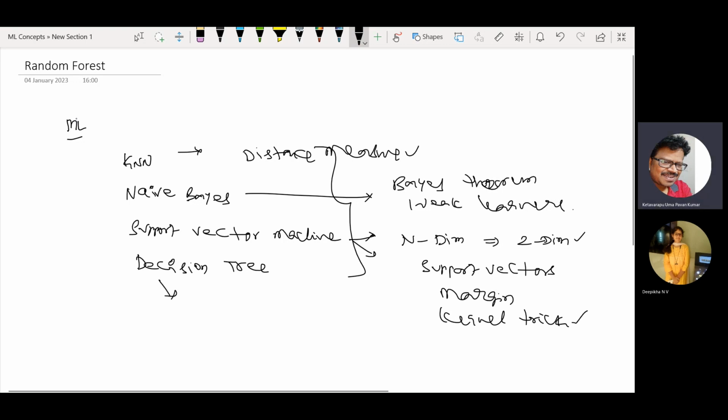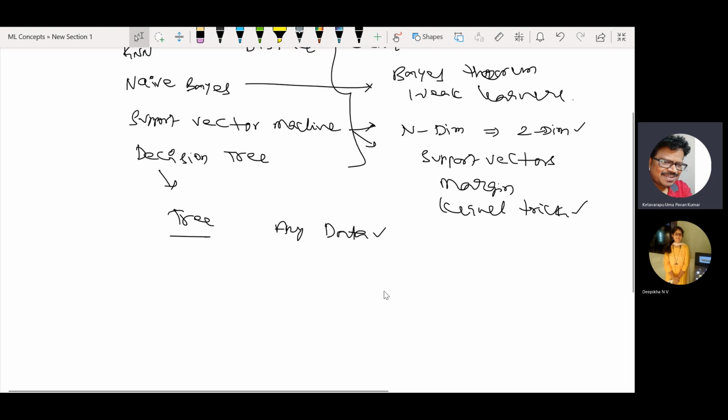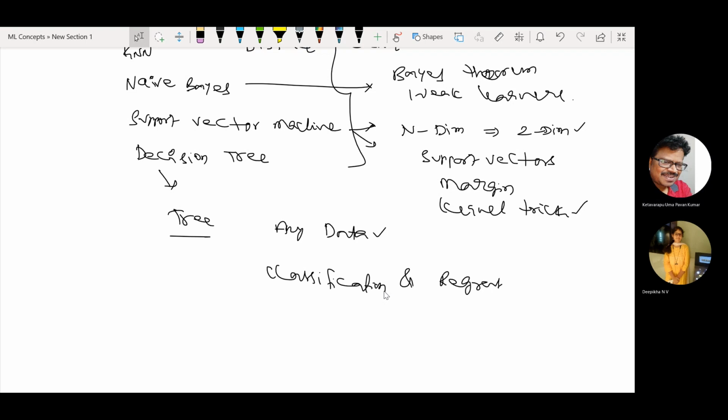And in terms of decision trees, we have seen a tree-based architecture, and the main advantage of the decision tree is that any kind of data can be handled, no matter whether it is continuous data or categorical data. And compared with other models, it supports both classification and regression.